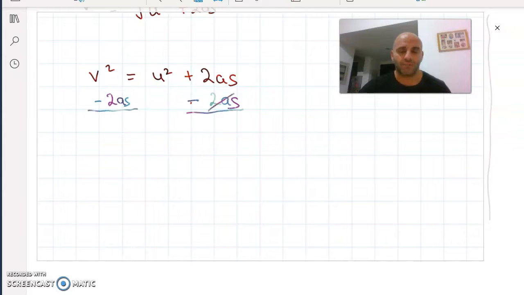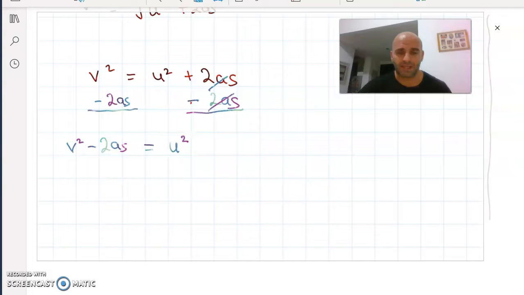So you subtract them, that 2as on the right cancels out the one that was already in the formula, and that leaves you with u squared equals v squared minus 2as.